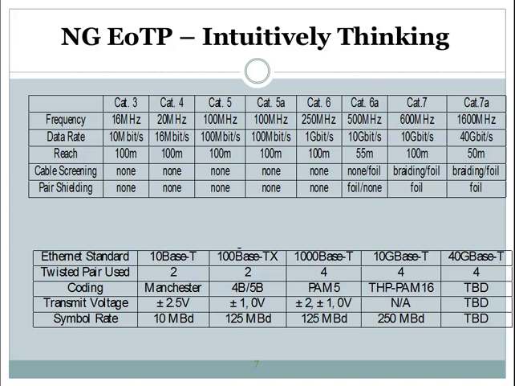All these footsteps can be concluded in these two tables for the evolution of the cables and the Ethernet standards. For the cables, we can see that we have used much more frequency, from 16 megahertz up to 1600 megahertz for the Cat7a cable. And we now have more braiding and foil for cable screening and pair shielding.